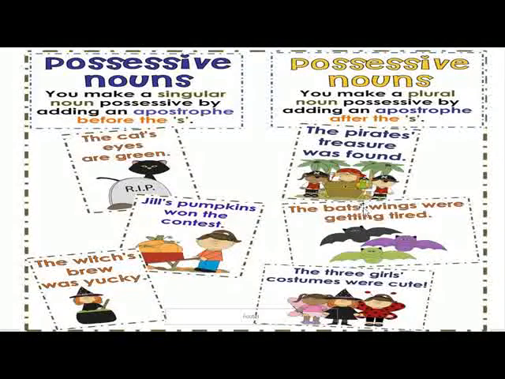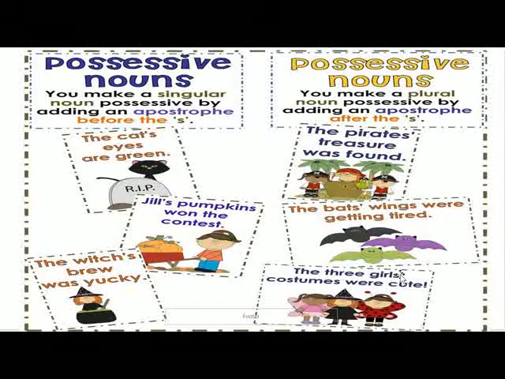Notice the apostrophe here, it comes after the S. The 3 girls' costumes were cute. We talk about the costumes of the girls. Girls is a plural word, so I use the apostrophe after the S because the word is now ending with S. So these are the examples.